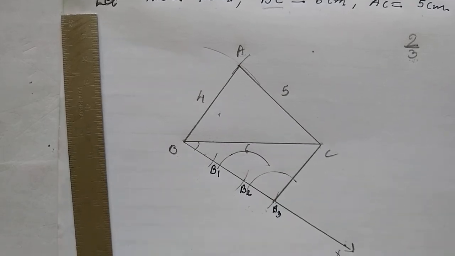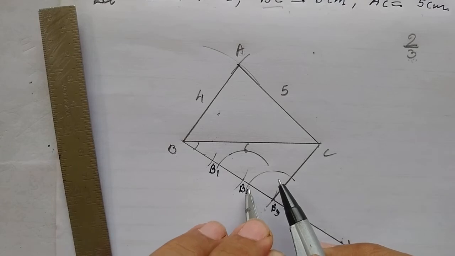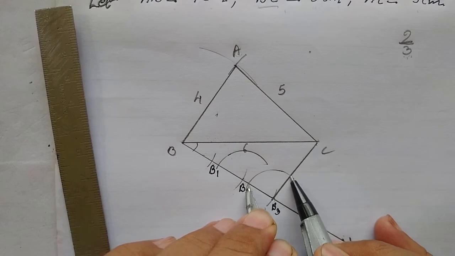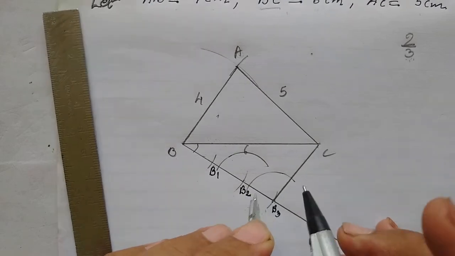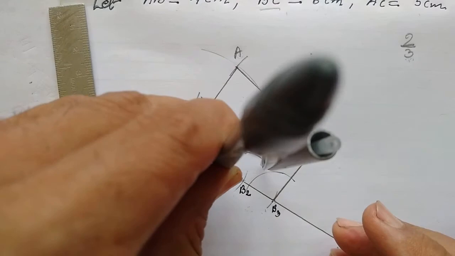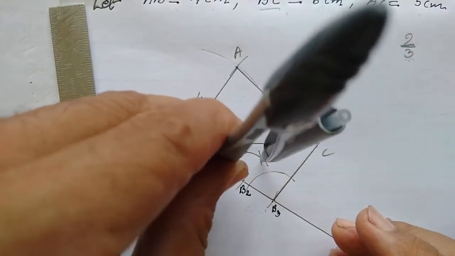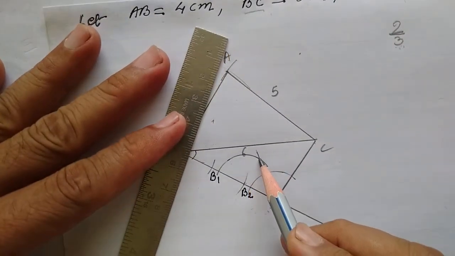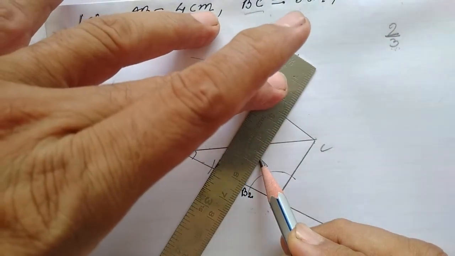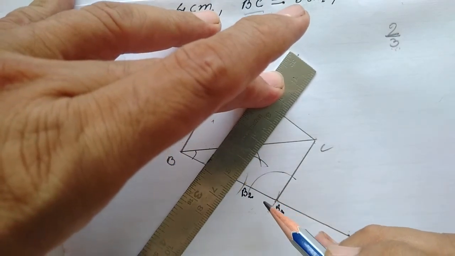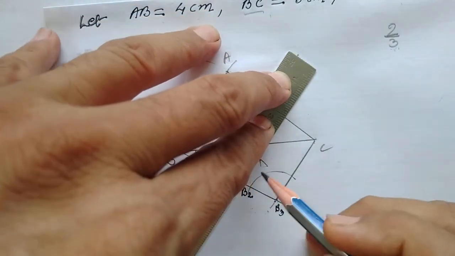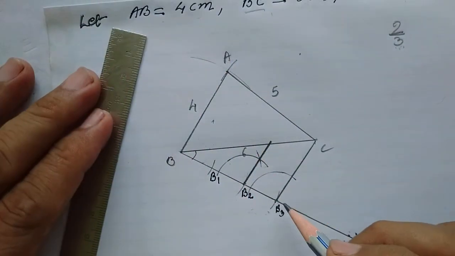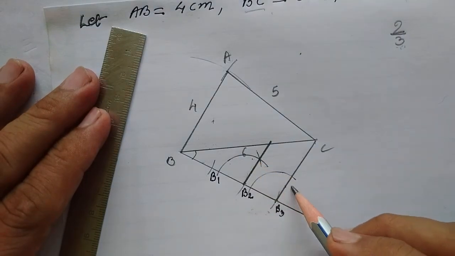Now this distance you have to measure from this point to this point. That will cut from here. Now from this point and this point draw a line. That line will be parallel to B3C. You can see that these two are parallel lines.